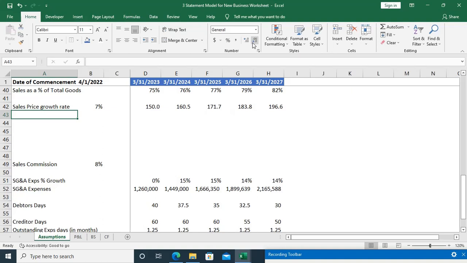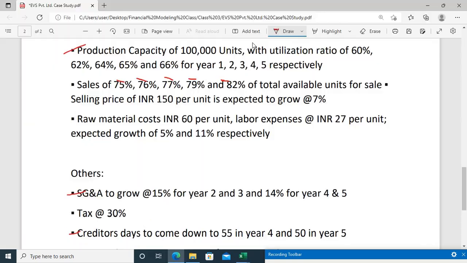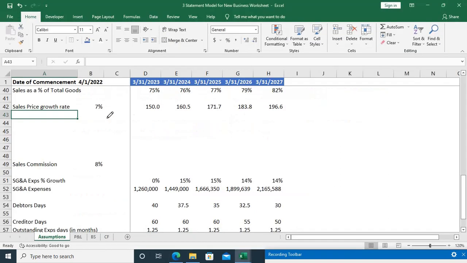Now the raw material part we can take care of right here, because this was just beneath this. Raw material costs INR 60 per unit, and labor expenses 27 per unit is given here, and the expected growth rates are given here, which are 5% and 11%, right? So we can make the assumption sheet for the raw materials cost.